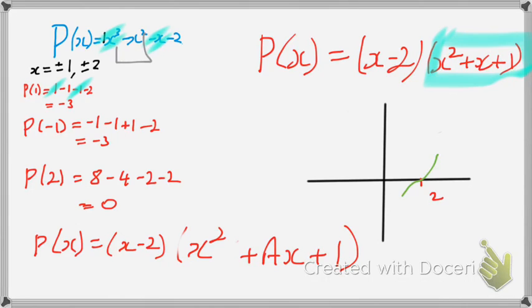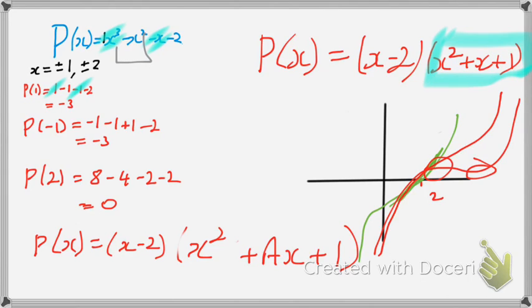But my problem is that I don't know where the turning point is, and neither do you. In fact, I've drawn a turning point there. It's almost certainly not a turning point there. So it might be like that. It might be like that. It might not have a turning point like that one did. It might have a pronounced turning point as long as it doesn't go through the axis again. But there's quite a lot of different things that could happen.